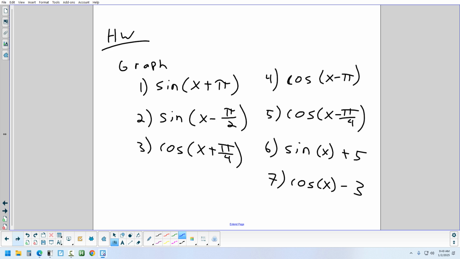Okay, so graph and make the table. For each one of those, you should have a table with 5 points, and then off to the side, you should have a sketch of what it looks like. So those are the 7 questions for homework tonight.